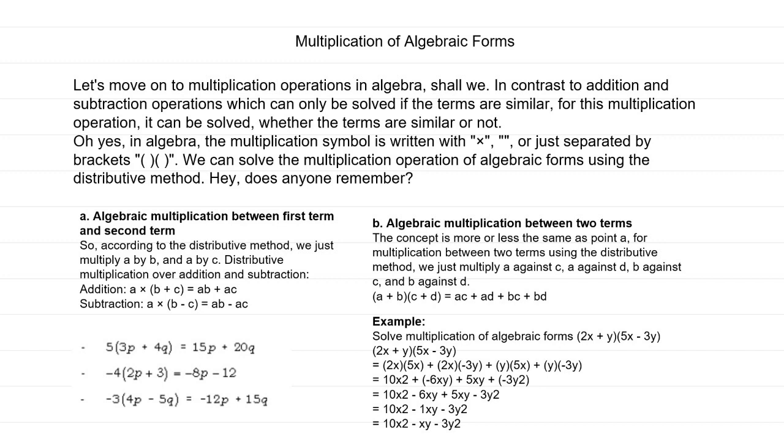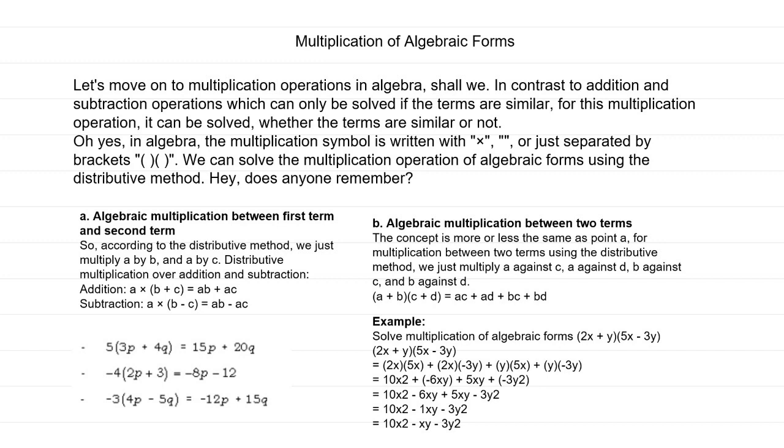Hey, does anyone remember? Algebraic multiplication between a first term and a second term. According to the distributive method, we just multiply a by b and a by c. Distributive multiplication over addition and subtraction. Addition: a times (b plus c) is ab plus ac.